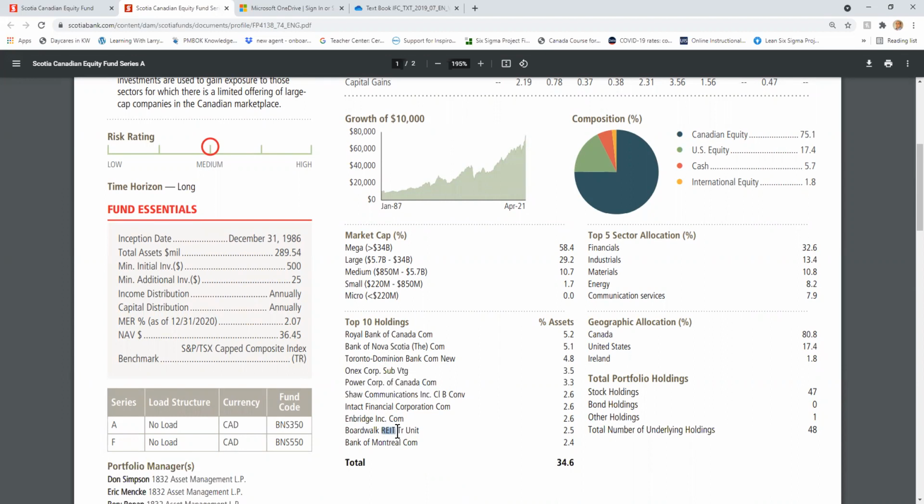We'll talk about alternate investments. This is a real estate investment trust, which is invested in real estate companies. Bank of Montreal, also BMO. So these are all stocks. As you can see, all of them are stocks. There are no bonds in this one.